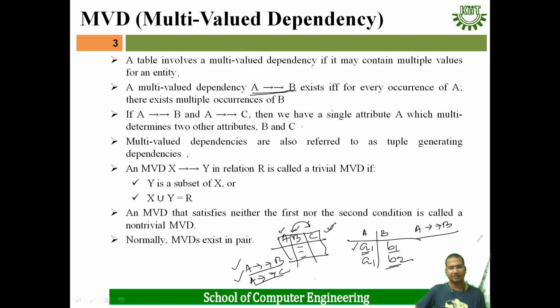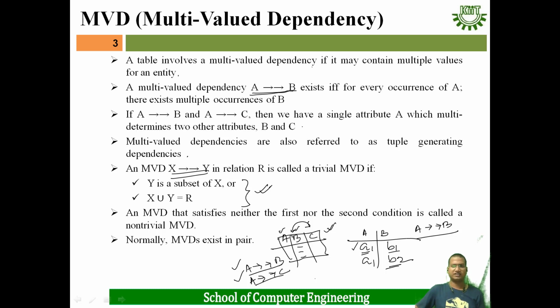And these are the two things. A multi-value dependency X multi-determines Y in relation R is called a trivial multi-value dependency if Y is a subset of X, like a normal functional dependency, or X union Y is equal to R. A multi-value dependency that satisfies neither the first nor the second condition, if these two conditions are not satisfied, then we can call it a non-trivial multi-value dependency.